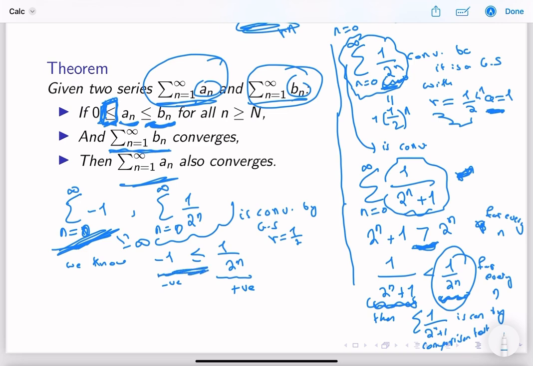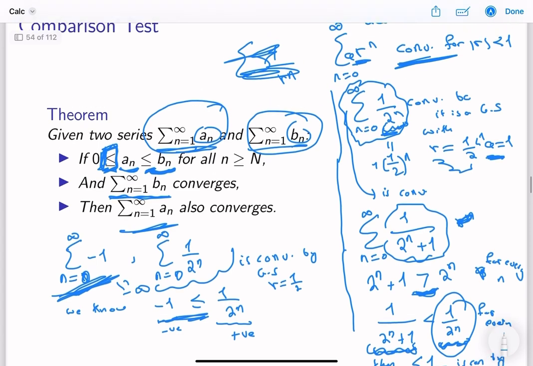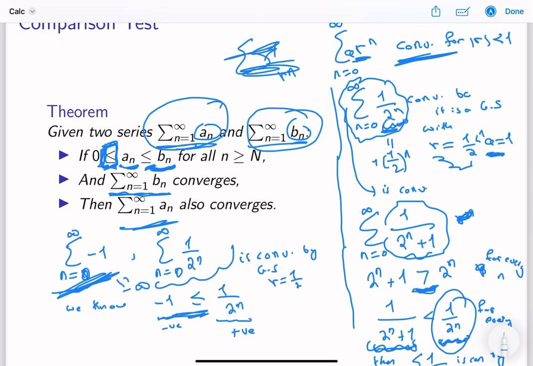So what went wrong? Is the theorem that we're saying wrong? Well, no. What went wrong is that you don't have the fact that they're both non-negative. It should be that this is positive and this is positive and this inequality holds, right? But this is not the case here because this is negative.